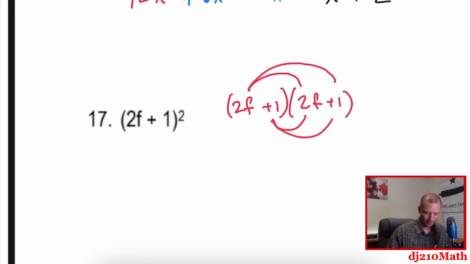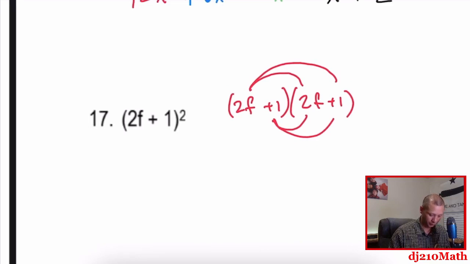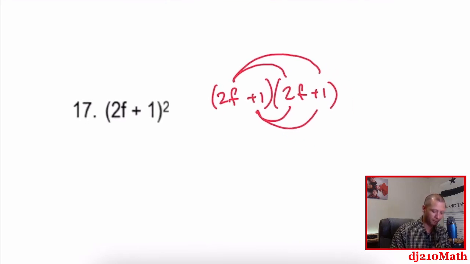Okay. Now, there is, I wouldn't say a shortcut, but I definitely have a technique. If you've watched any of my prior videos, you for sure have seen this. This works specifically when you are squaring a binomial. So the first binomial times itself, so 2f times 2f gives me 4f squared.